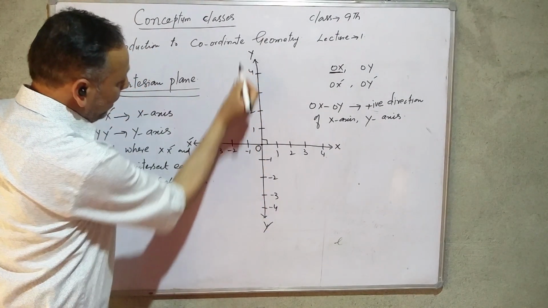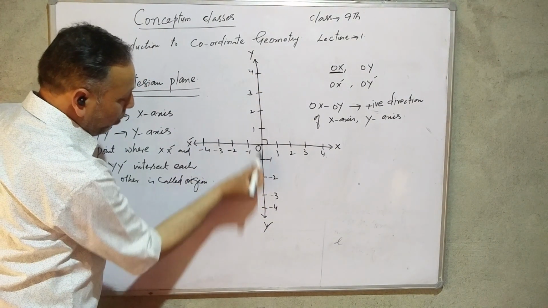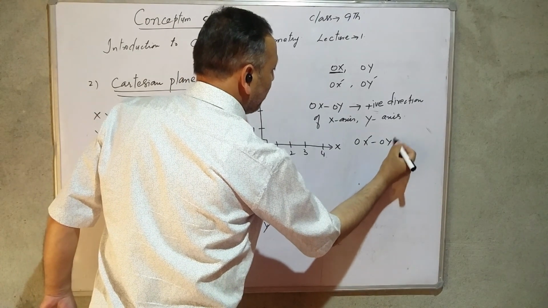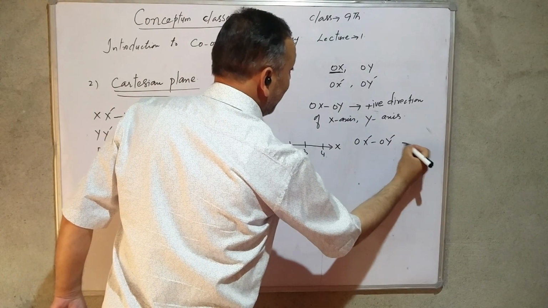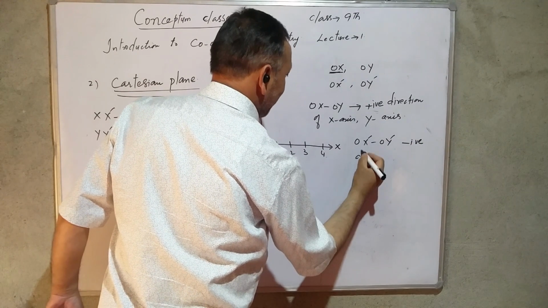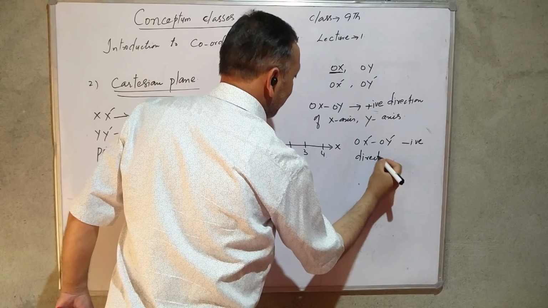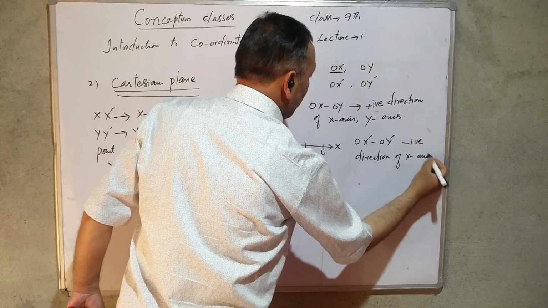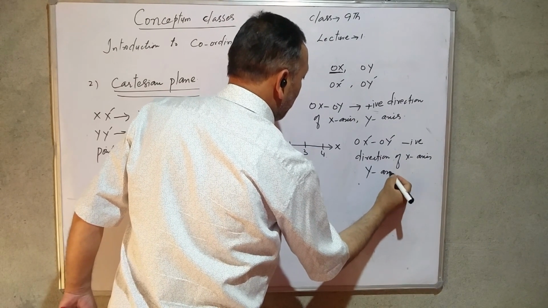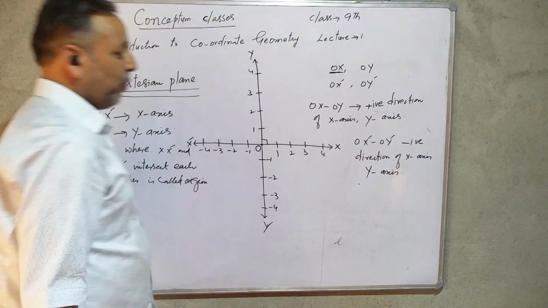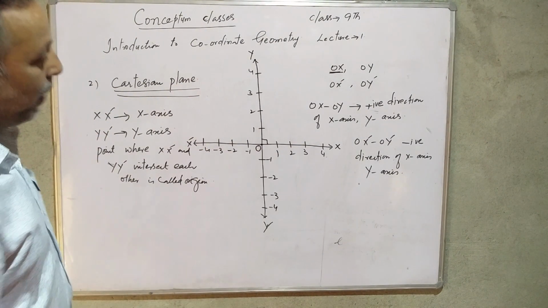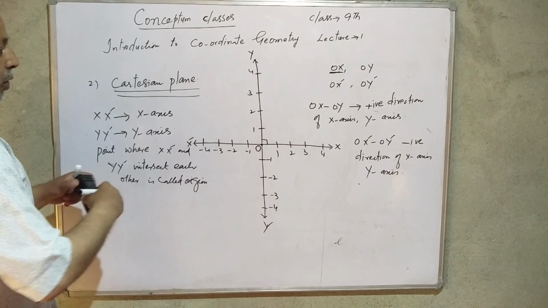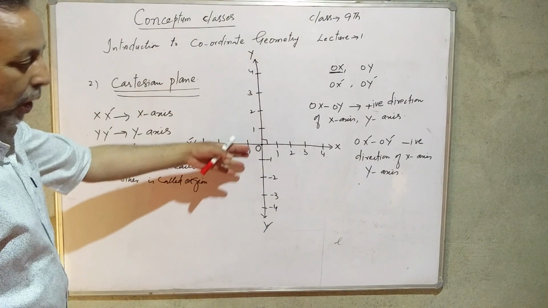And OX dash and OY dash are called negative directions of the x-axis and y-axis. Now, pause the video and note it down.